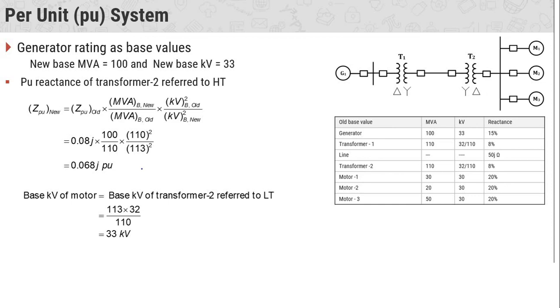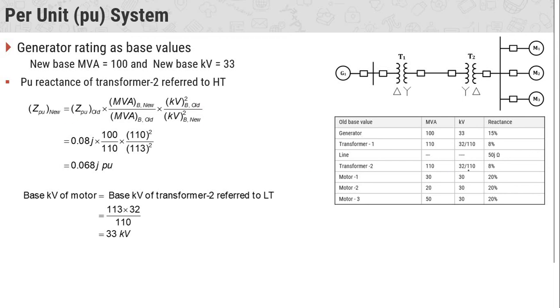Now we have to find the per unit impedance of transformer 2. For transformer 2, the new base is 100 and the new base is 33. Z_PU new is equal to Z_PU old into MVA new upon MVA old into kV old square upon kV new square.